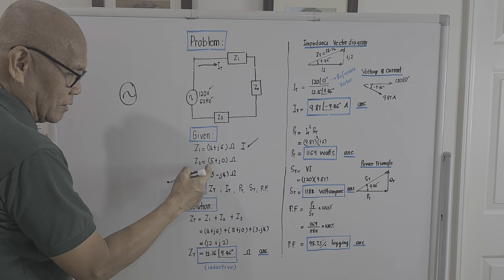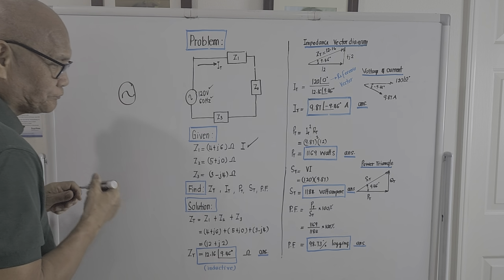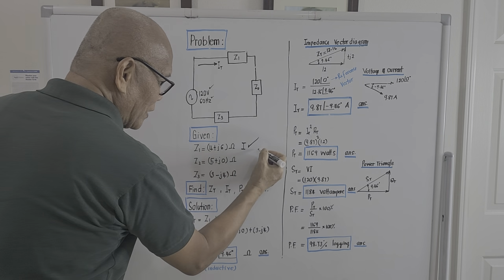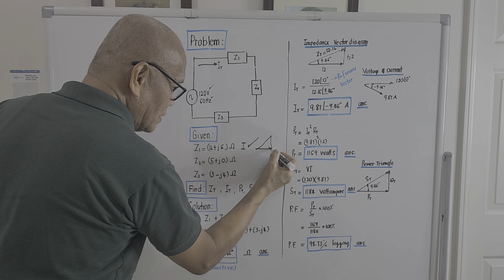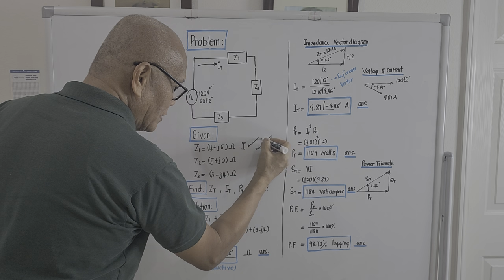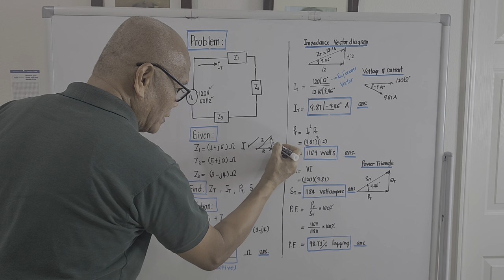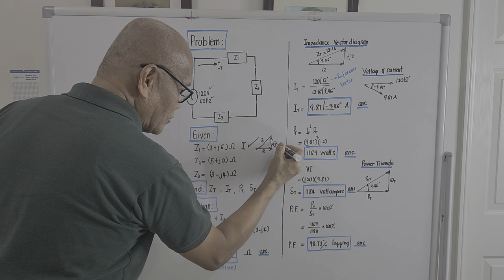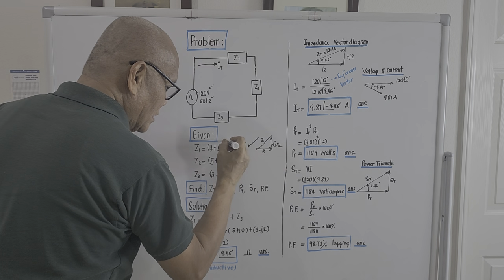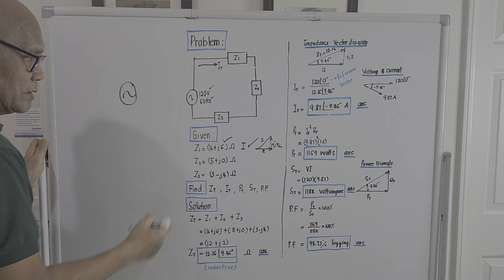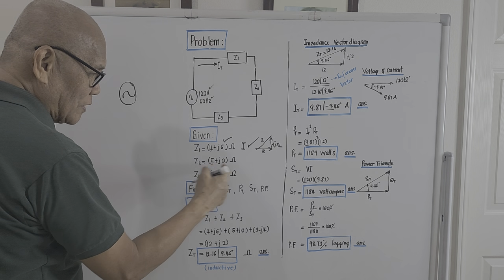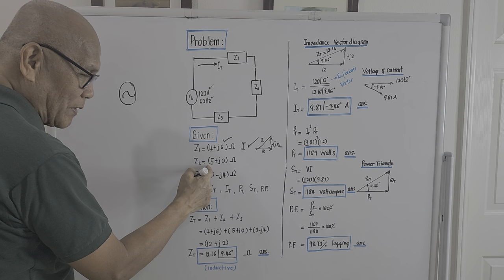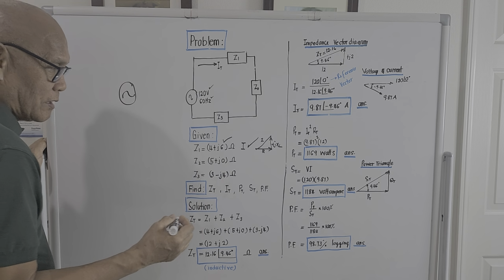Z2 is 5 plus j0. For Z1, for it to be inductive, the vector diagram will be like this. This is Z, this is R, and this is plus jX of L. For Z2, the value is 5 plus j0, meaning the real part is 5 and the imaginary part is 0.